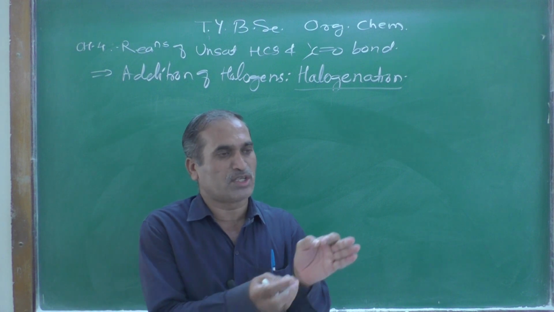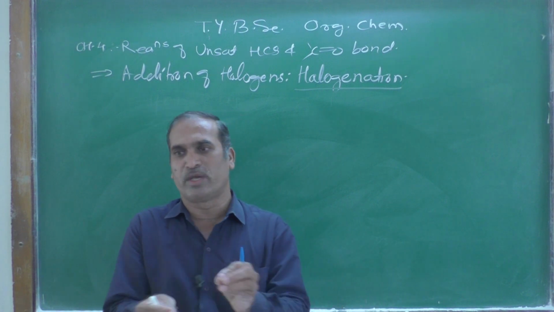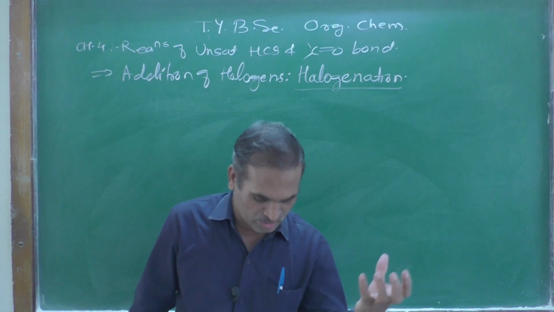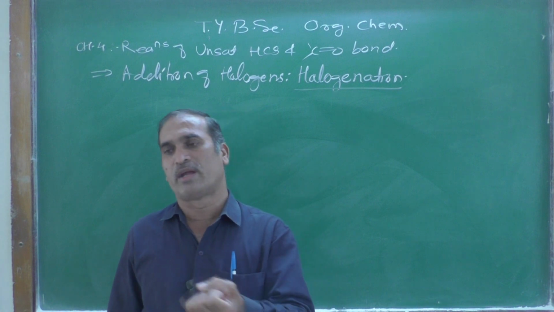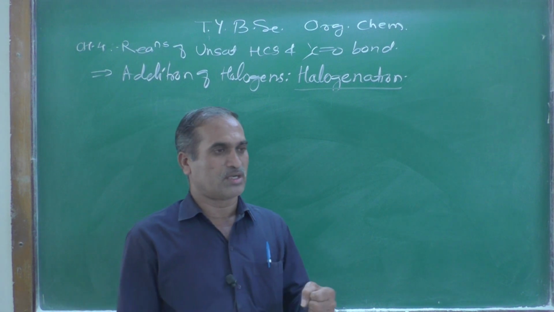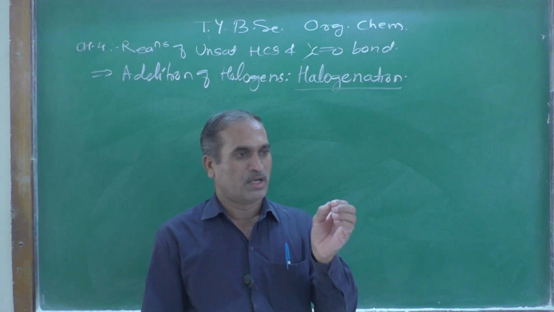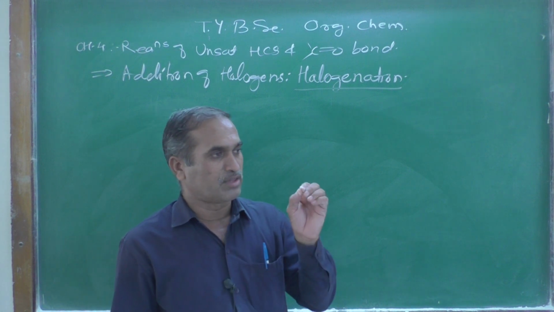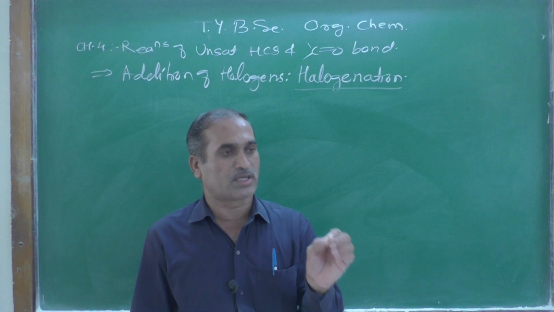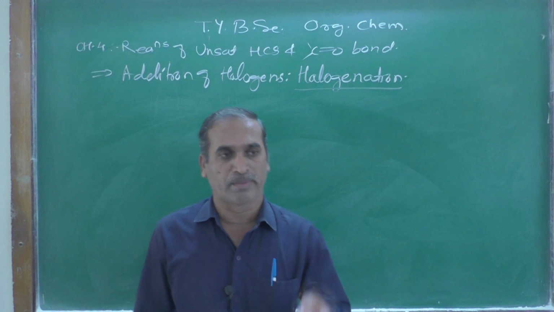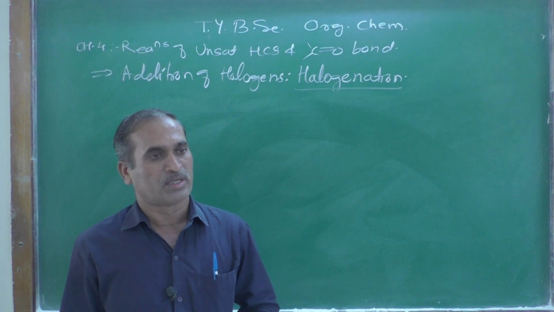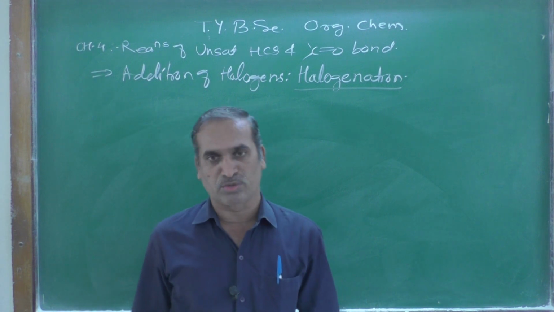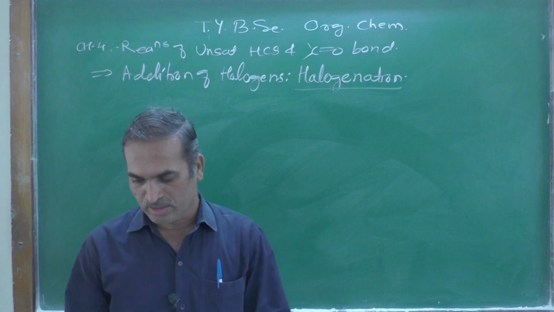Simply mixing the alkene and bromine at room temperature in the presence of an inert solvent like carbon tetrachloride or acetic acid, decolorization occurs. This is the classical test for the identification of unsaturated compounds in an organic compound.